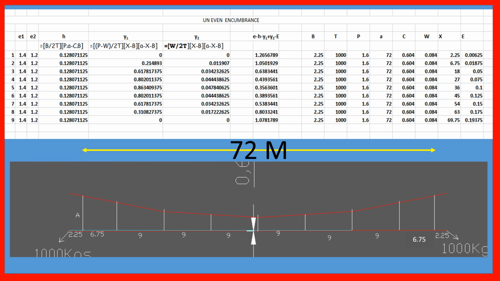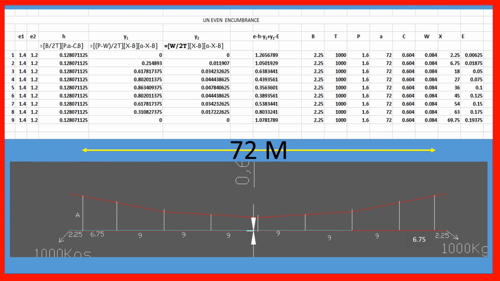Then the fourth dropper is showing 0.439. The fifth dropper is showing 0.356. The sixth dropper is showing 0.389. The seventh dropper is showing 0.538.